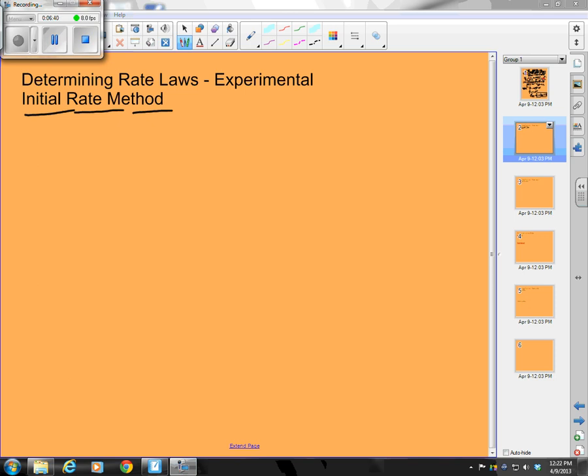Okay, I'm back. If we have initial rates, we'll have something that looks like this. We have the concentration of NO and the concentration of H2, and then an initial rate.